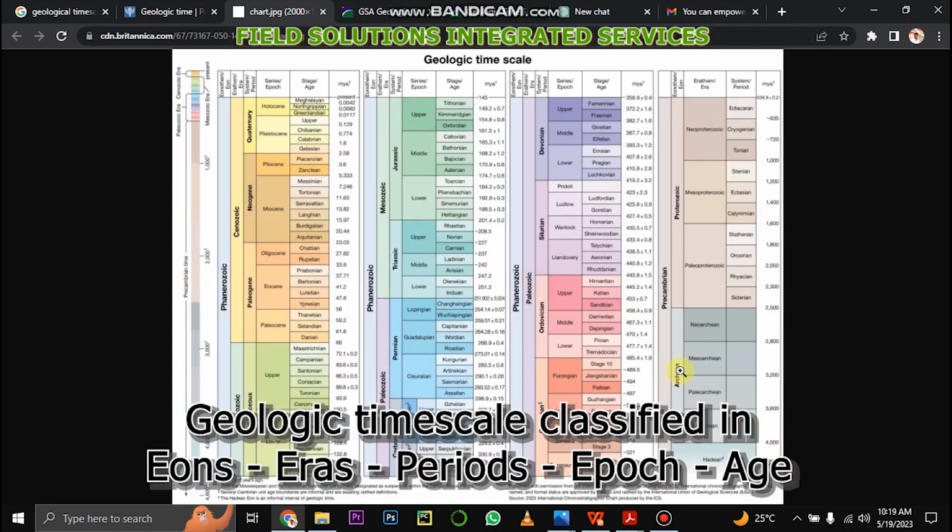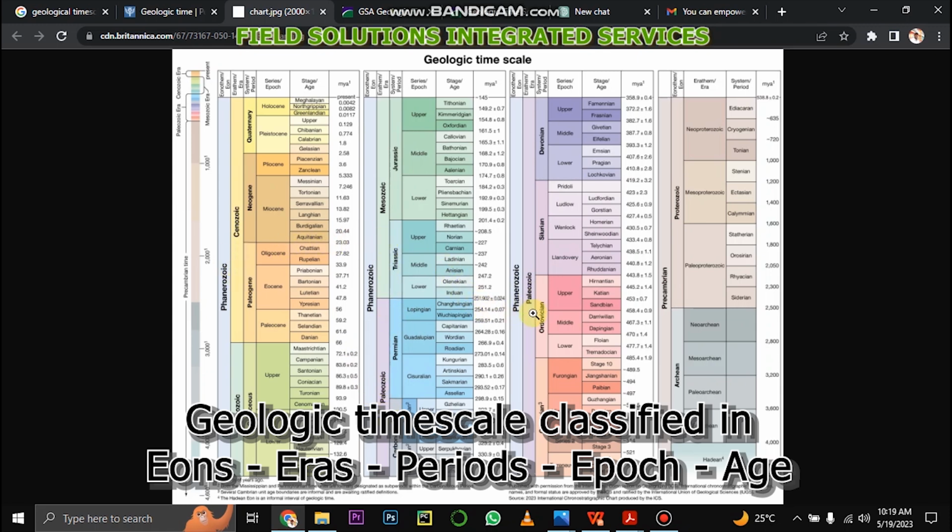So we are going from Hadean, that is eons. We are going from Hadean, Archean, Proterozoic, Phanerozoic eons, and then we are recognizing the Phanerozoic eon as having Paleozoic era, Mesozoic era, and Cenozoic era.